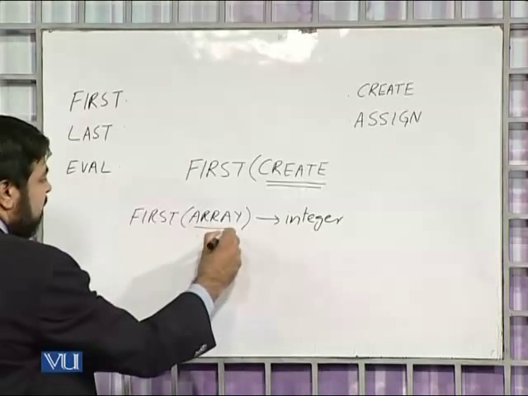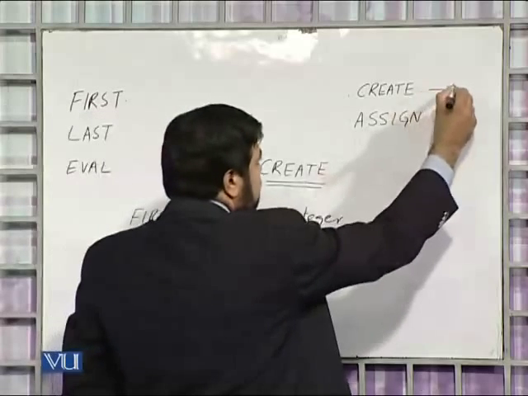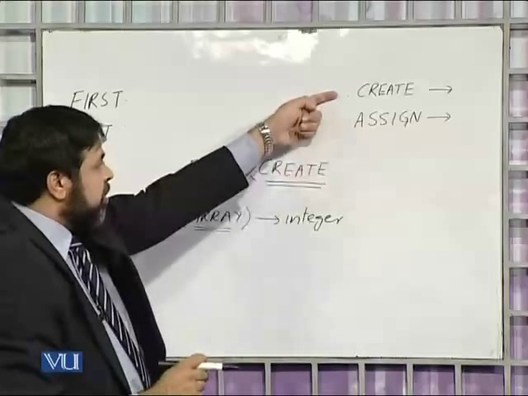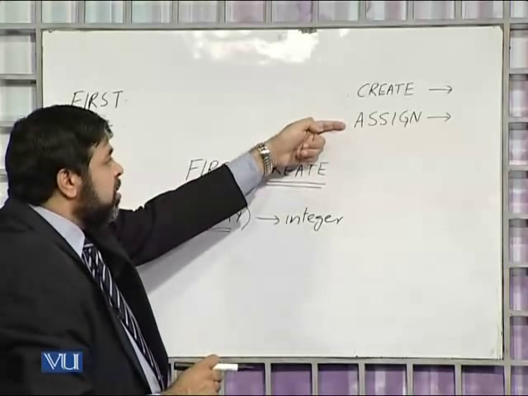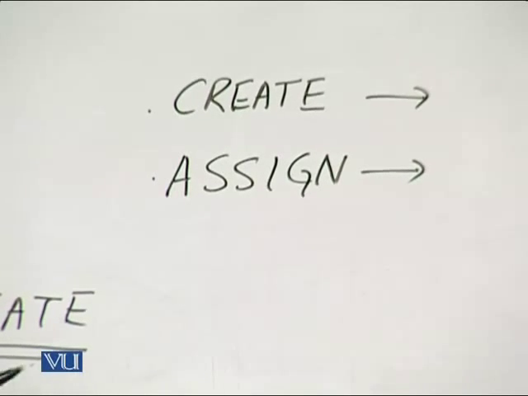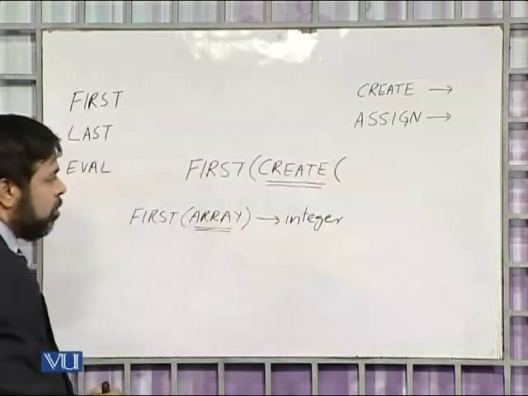So how can we get an array? We can get an array through this create or through this assign. Create creates the array, and assign basically modifies the array. So here we write this create. This create takes two parameters.